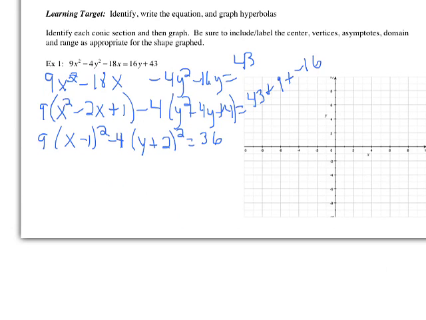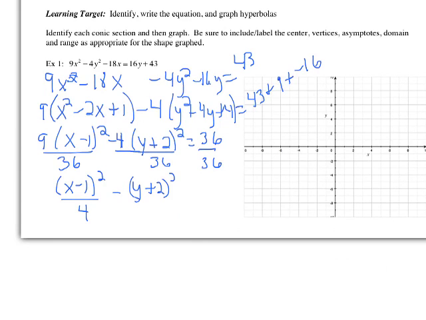Then for standard form, we have to divide by 36 so that we get it equal to 1. So divided by 36, divided by 36, and our equation for our hyperbola becomes x minus 1 squared divided by 4 minus y plus 2 squared divided by 9 equals 1. And so to graph this, our center is 1, negative 2.